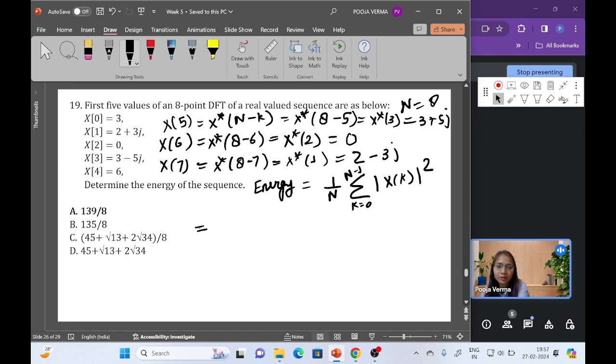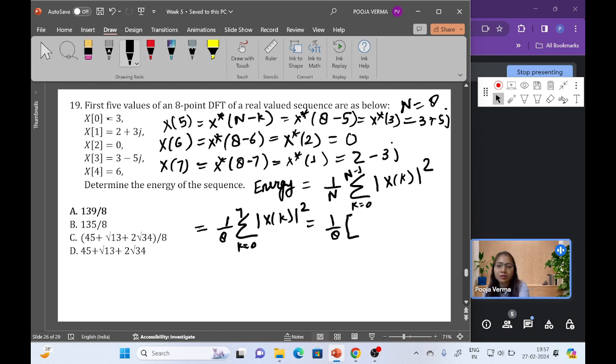So here n is equal to 8, so 1 by 8 summation k is equal to 0 to n minus 1, which is 7, of mod x of k square. Now we will put k is equal to 0, 1, 2 up to 7, then calculate mod of x of k. So if we put k is equal to 0, mod x of 0 value will be squared.